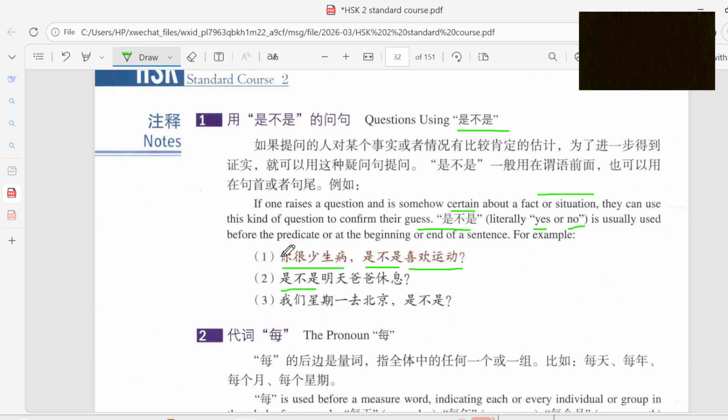You see now, here 是不是 is at the beginning. 是不是明天爸爸休息: is father resting tomorrow, yes or no?